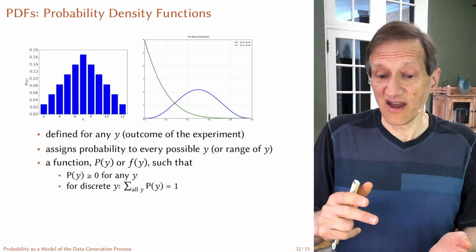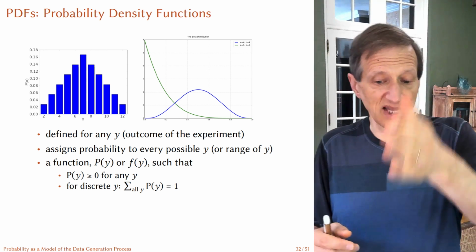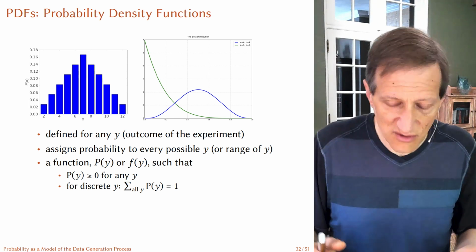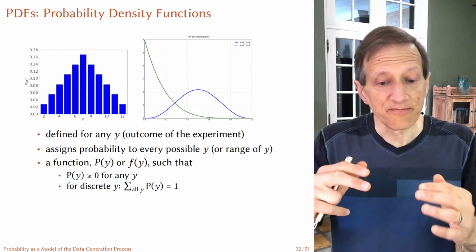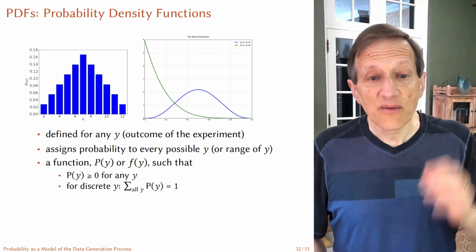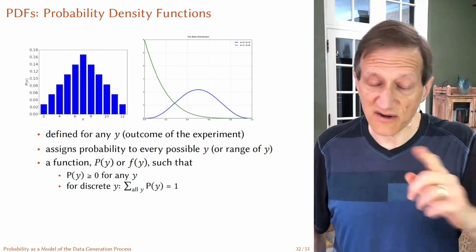Now, I've just excluded the possibility that you flip the coin and it lands on its side and it stays there, or you flip the coin and somebody catches it, or you flip the coin and the world explodes. But that's a model. That's the whole idea. But these are the two rules that define all probability functions when they're discrete.